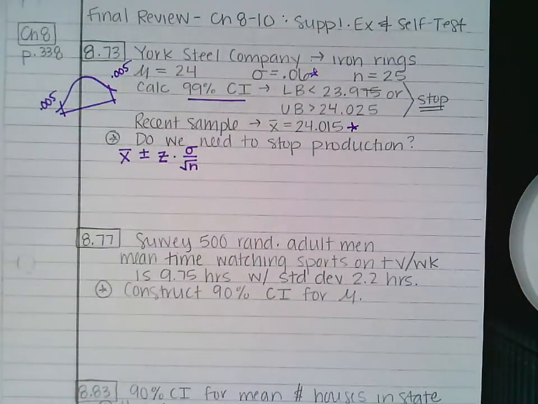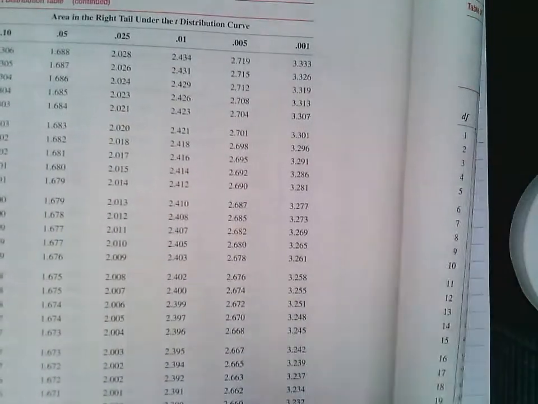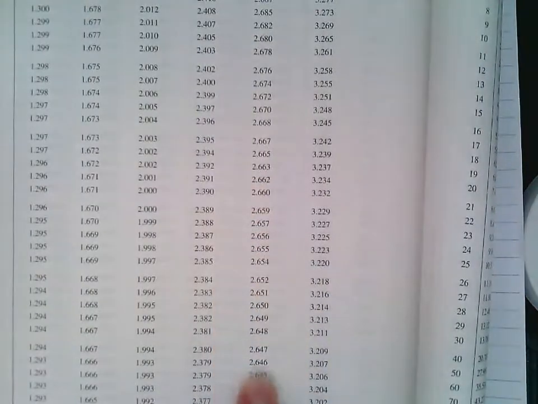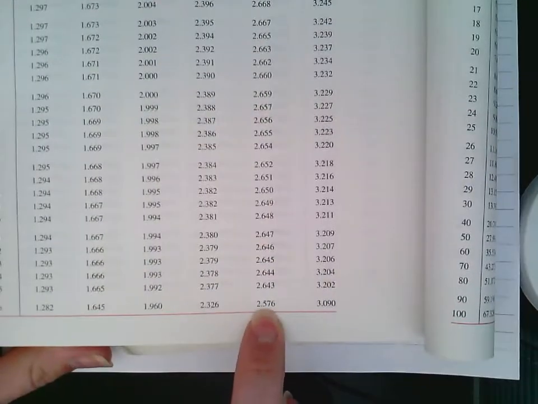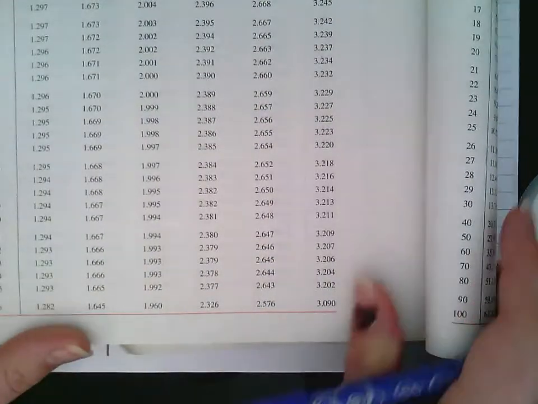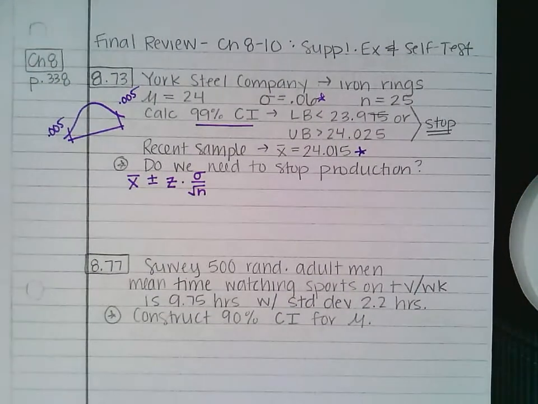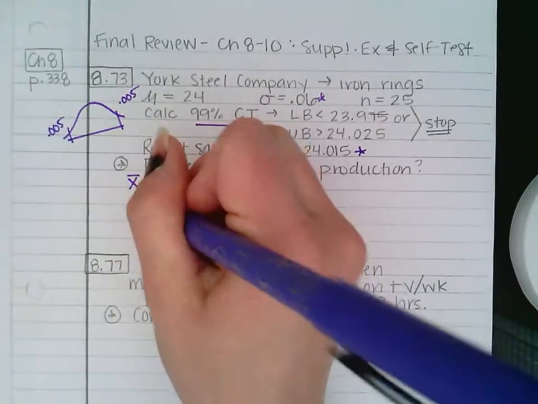So that's the right-tailed probability we're going to look for. I'm going to use my t-chart and go all the way down. I have 0.005 here, and if I look under infinite degrees of freedom, that's going to be my Z. So 2.576 is my critical value for Z.